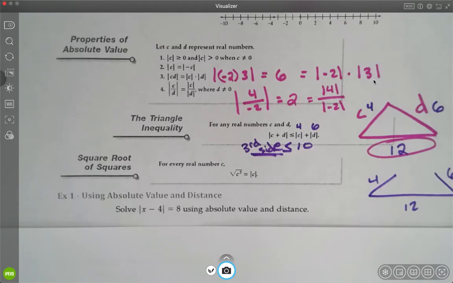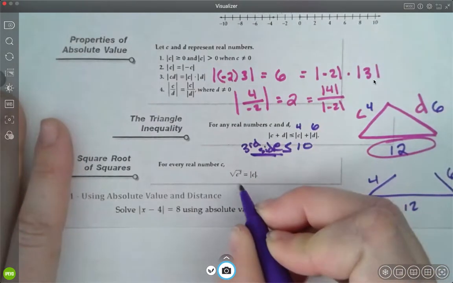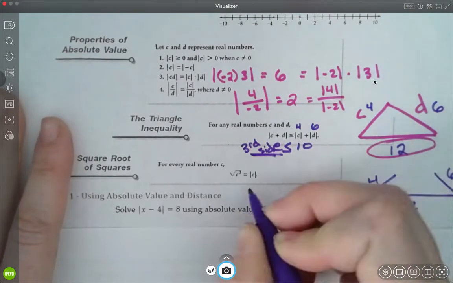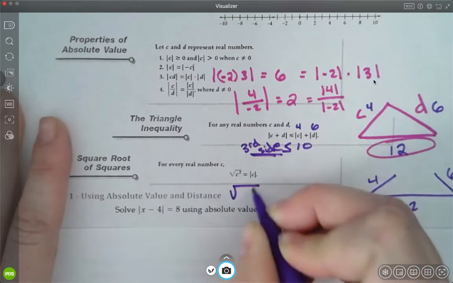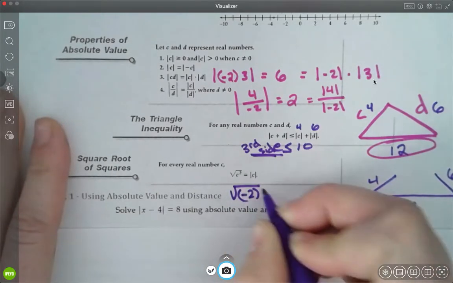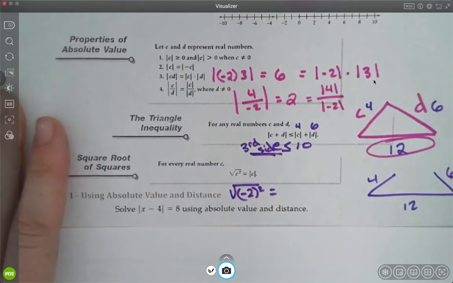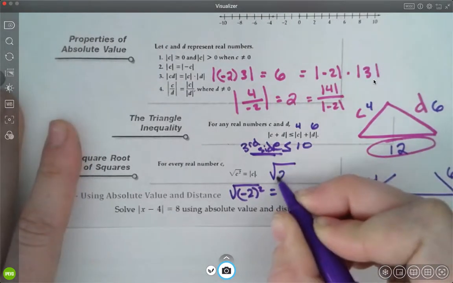If you take the square root of something squared, listen. The square root of something squared is the absolute value of that, okay? So watch this real quick. Let's say I have the square root of -2 squared versus the square root of +2 squared.